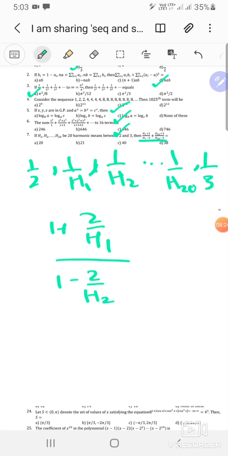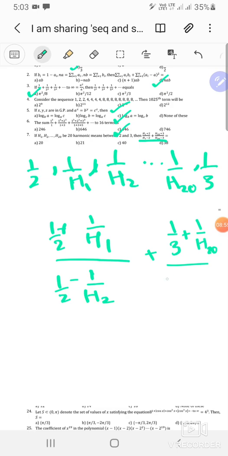So 1 upon h1, what about I write it as 1 by 2 plus 1 upon h1? Yeah, that will be much better. So 1 by 2, then 1 by 2 minus, okay fine, plus 1 by 3 plus 1 upon h20, and over there we got 20 harmonic means, looks correct to me, no problem.